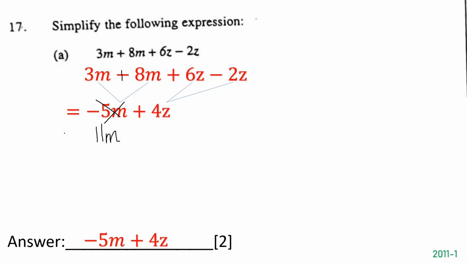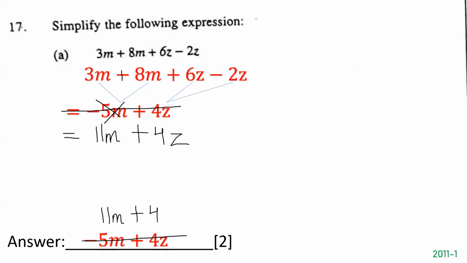Let me move this whole line right now. So it's going to be 11m plus 4z. And that means the earlier version is not right. It's actually 11m plus 4z.